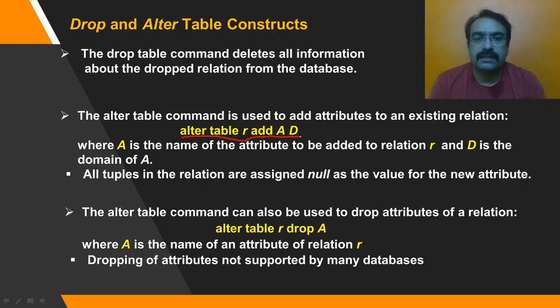I want you to write the create table command for all the six relations, and add one column named customer phone number in the customer table, and branch street in the branch table.